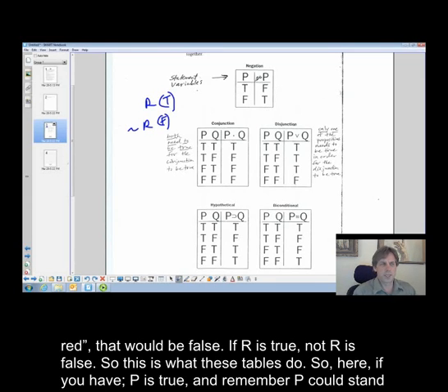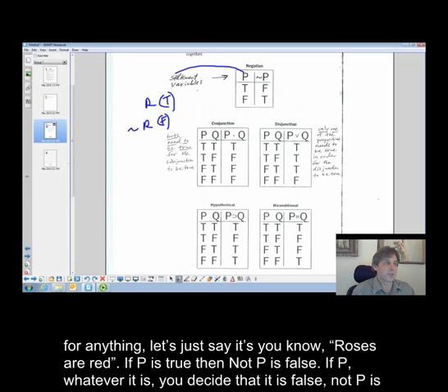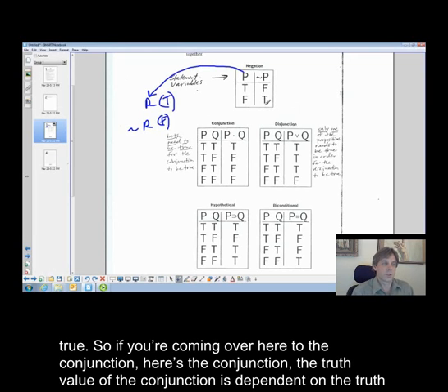So this is what these tables do. So here, if you have P is true, remember P could stand for anything. Let's just say it's roses are red, right? If P is true, then not P is false. If P, whatever it is, you decide that it is false, not P is true, okay?